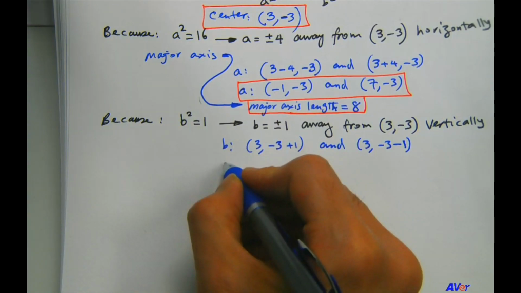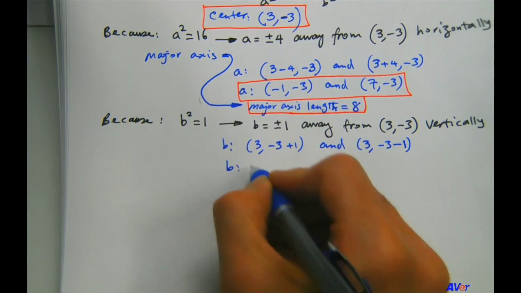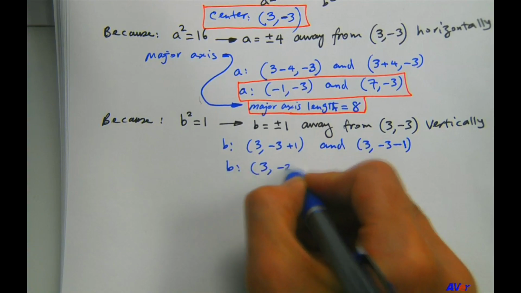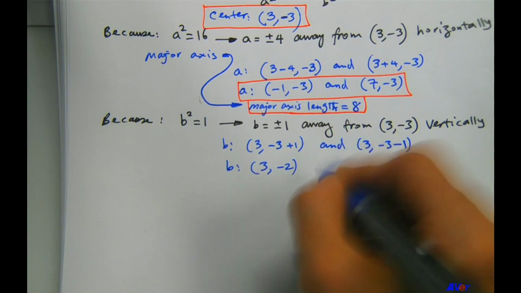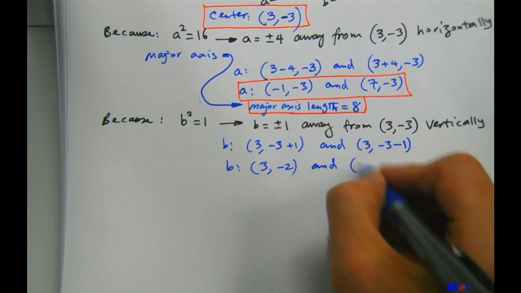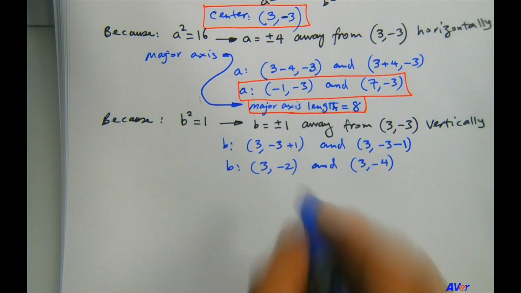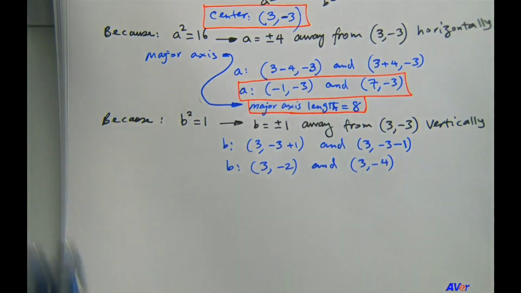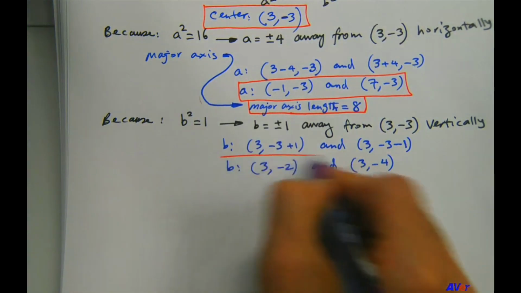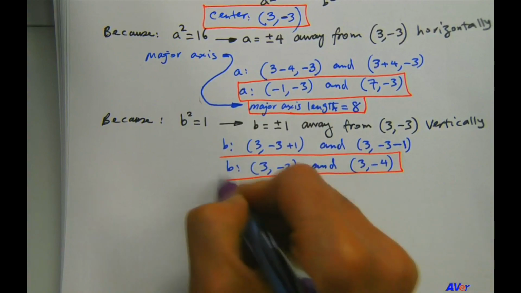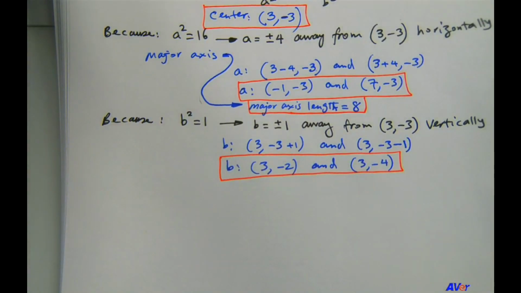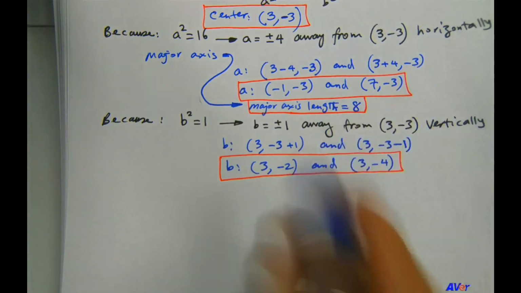Okay, so we have B in this case. We have 3 comma negative 2 and 3 comma negative 4, right? And these are the vertices of the ellipse along the minor axis, and they also asked us for the length of the minor axis.